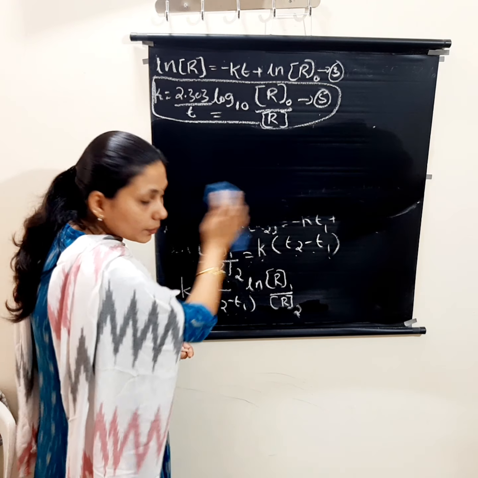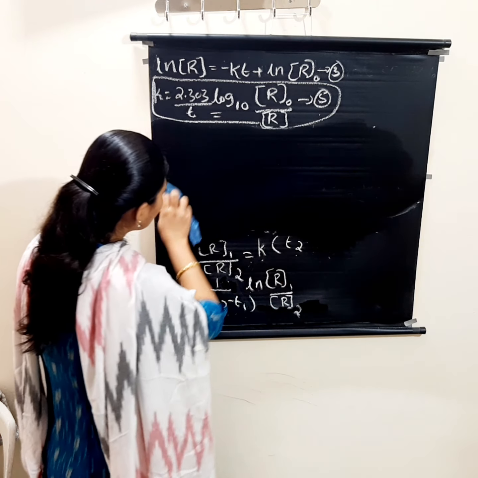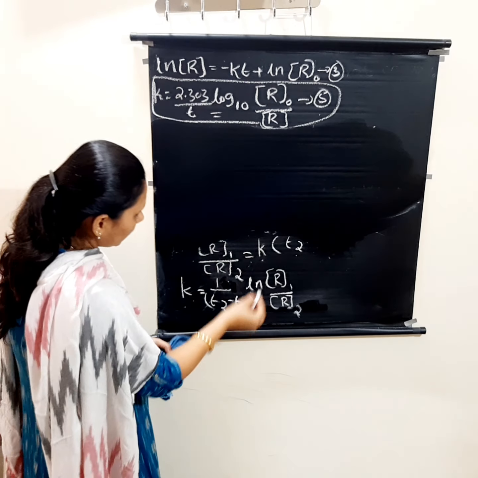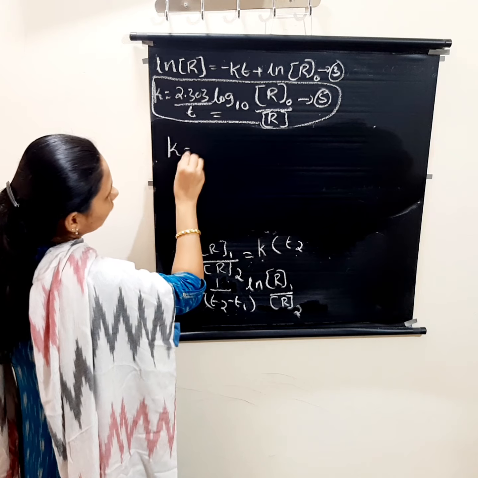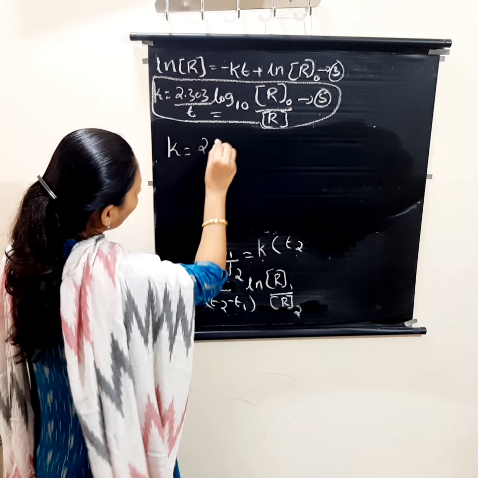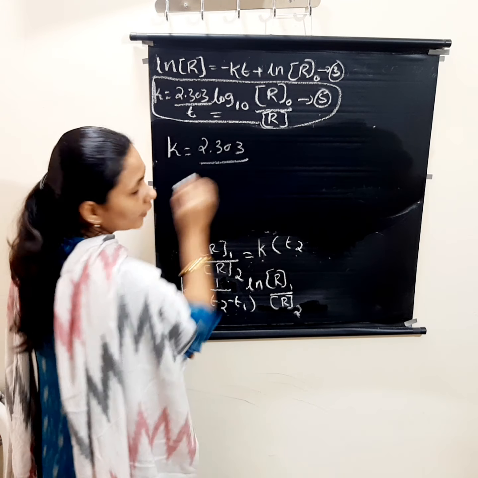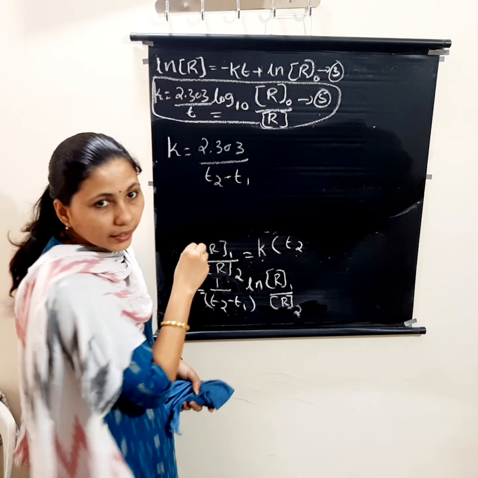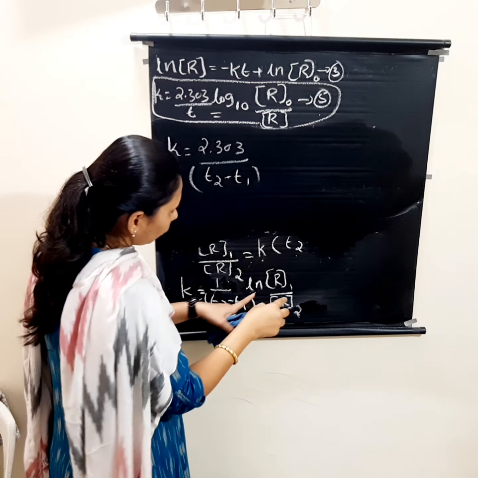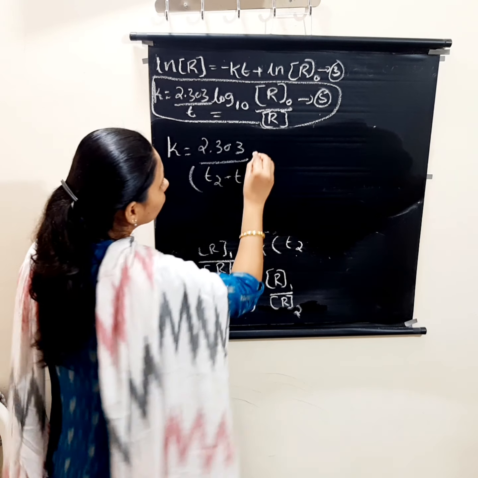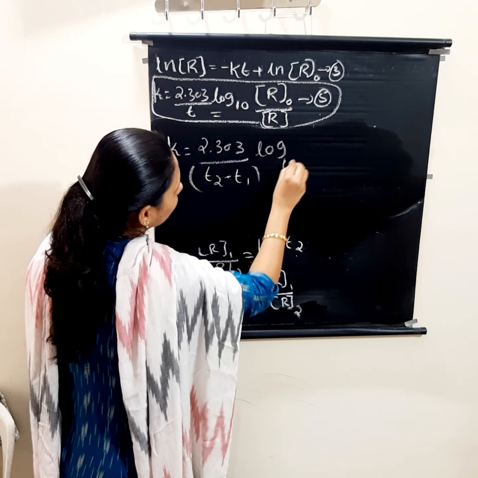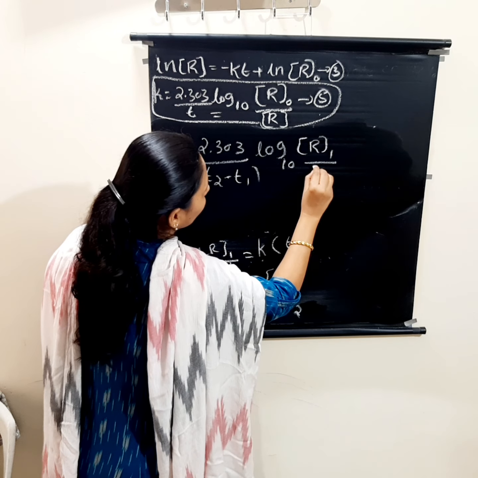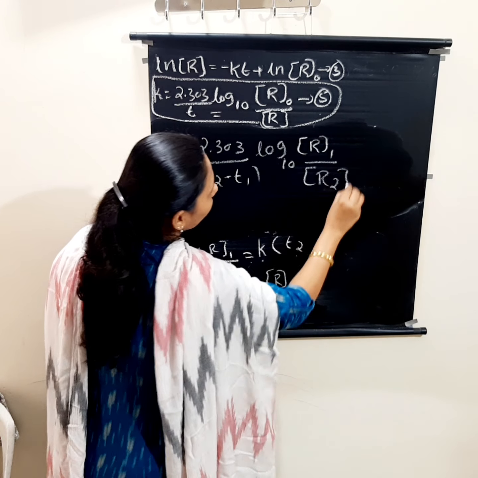For 10 base logarithm we will just multiply with 2.303. So this equation becomes k equals 2.303 divided by t2 minus t1 into log 10 concentration of r1 divided by concentration of r2.